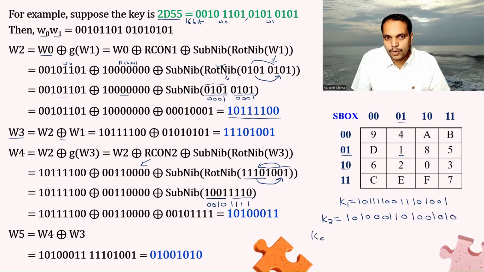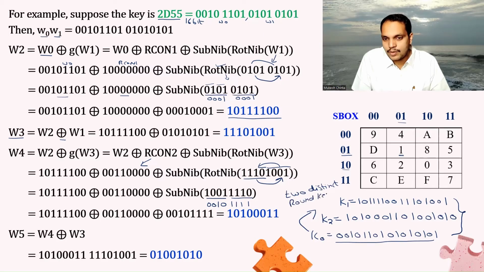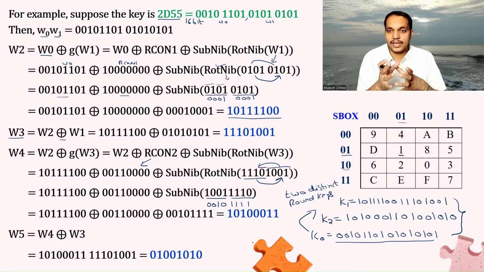Similarly, the first key that I am going to use is my original value, which I have selected: 0010 1101 0101 0101. So from a 16-bit key that I have, I have now expanded or generated 2 distinct round keys, each of length 16 bits. So now I have a total of 48 bits, which I am going to use as my 3 round keys as an input to my add round key operations. So this is regarding the key expansion part.